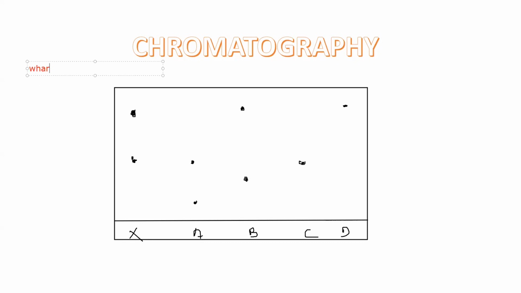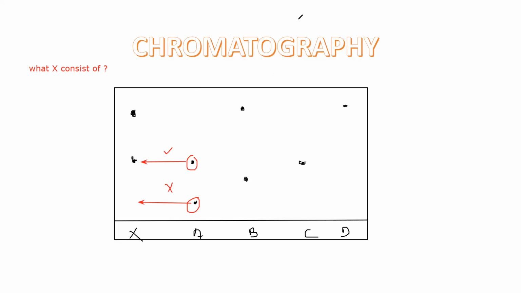What does X consist of? So when we check, we will check different regions. When we check for A, is A present? When we check A, one of the spots is there from A, but the other spot is missing. So is A present in X? A is there? Yes or no? So A is not there. So X does not contain A.